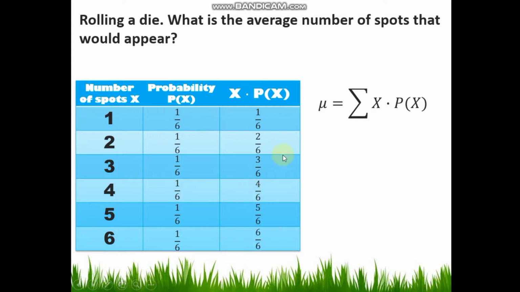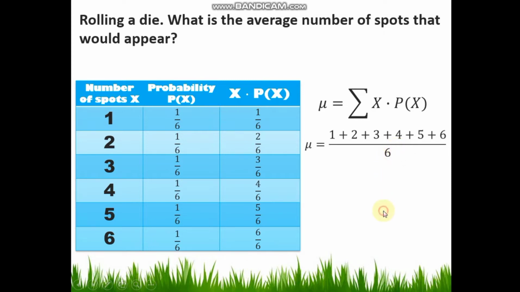I do not encourage you to write it in simplest terms, so that it's easier to add. Okay? Because if you're adding fractions with the same denominator, all you have to do is add the numerators and simply copy the common denominator. So, you'll have 1 plus 2 plus 3 plus 4 plus 5 plus 6 divided by 6.